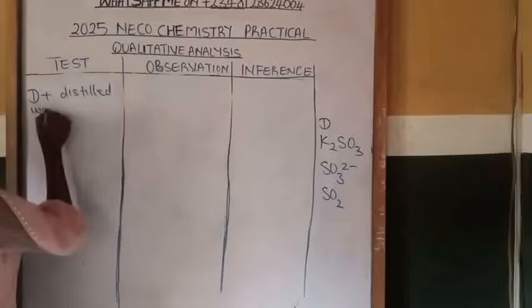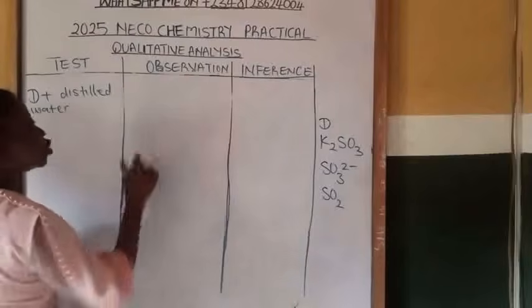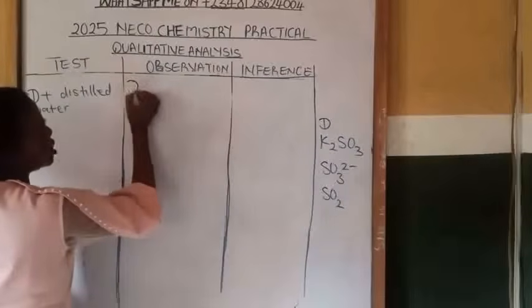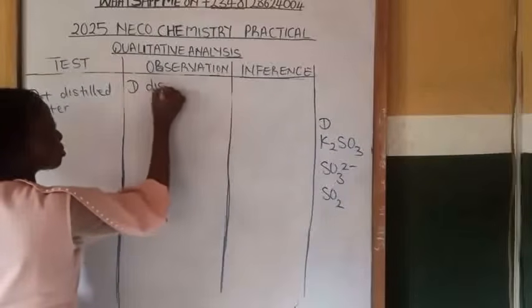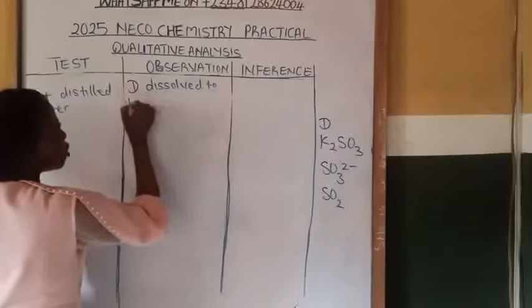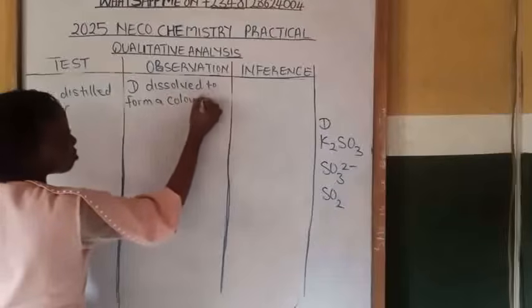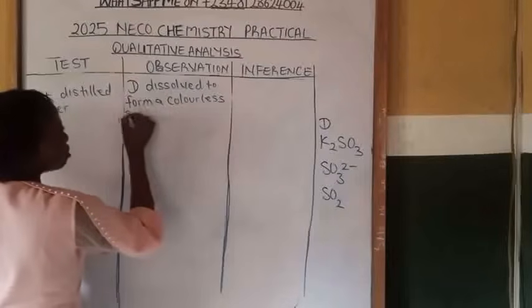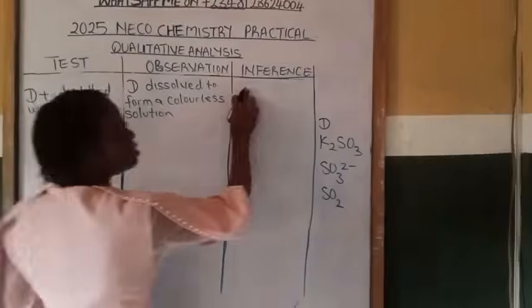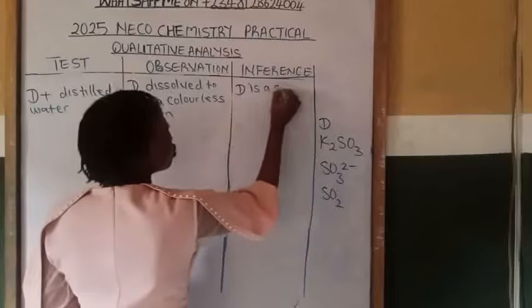Our sample D will dissolve in distilled water to give us a colorless solution. So therefore, D is a soluble salt.